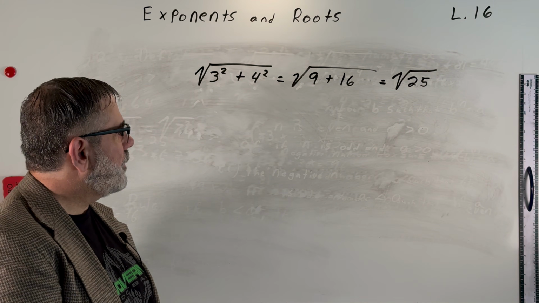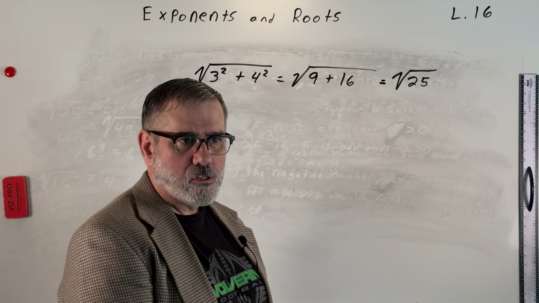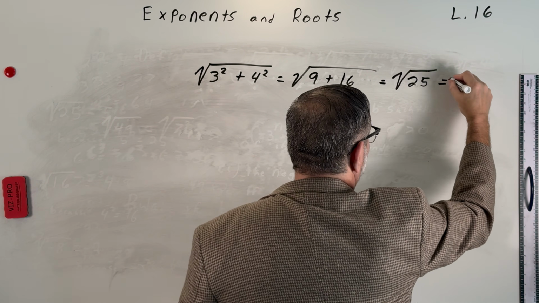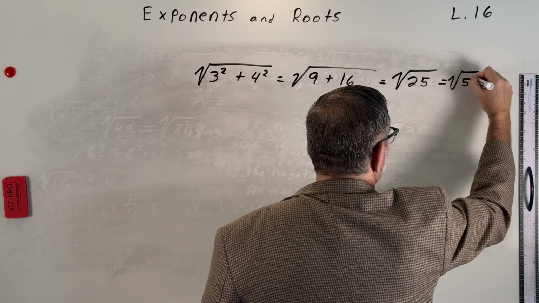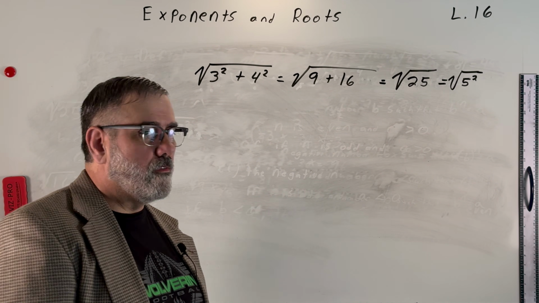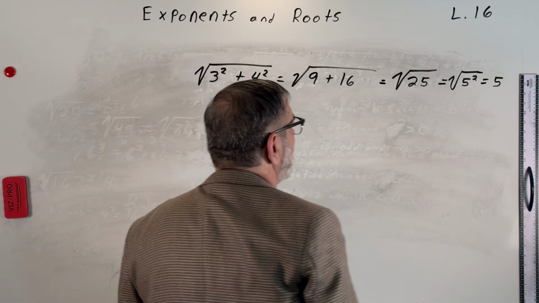Now, 25 is one of those square numbers that we had to memorize earlier, right? Remember that 5 squared is 25. So the square root of 5 squared, by definition, is 5.